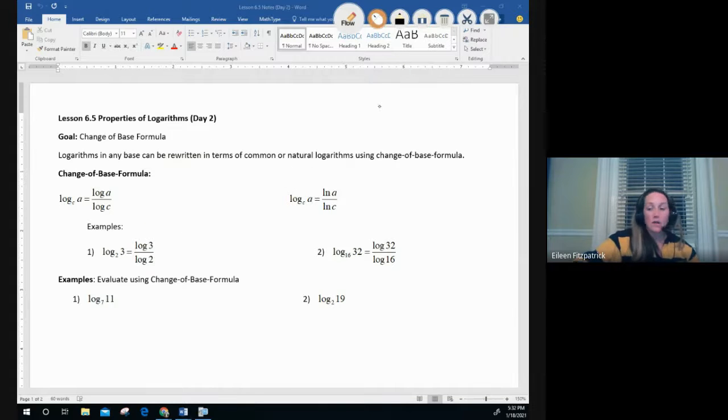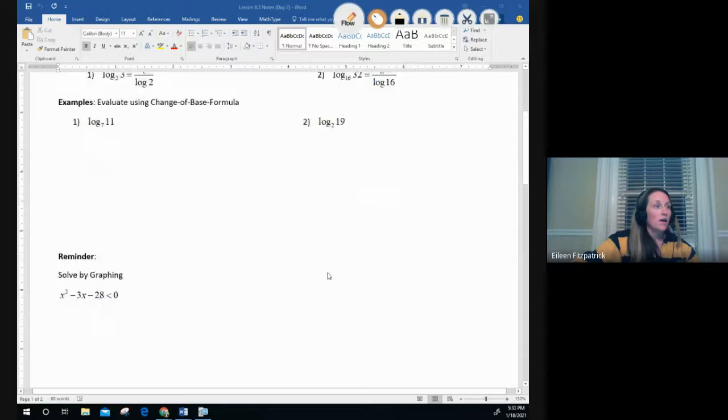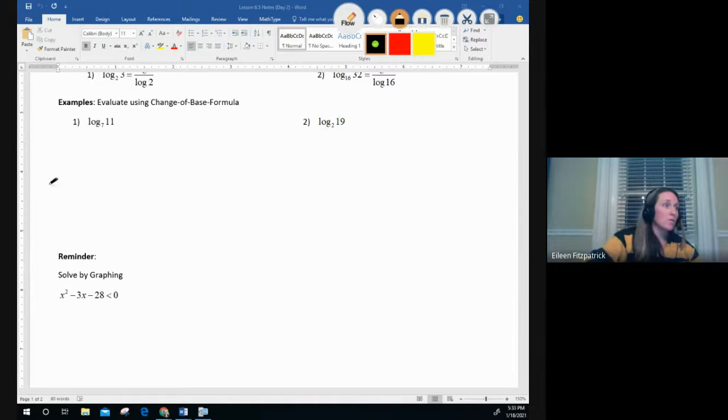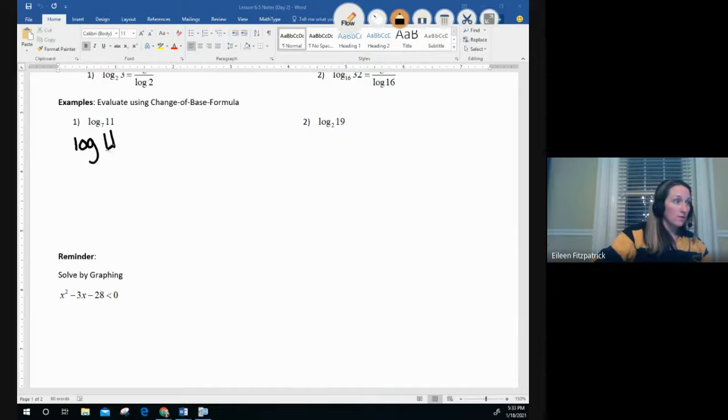Okay, so let me scroll up. Evaluate using the change of base formula. We can evaluate this by converting it into log 11 over log 7. And we're going to use our calculator now.